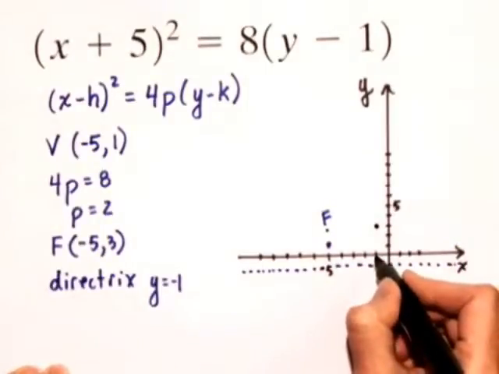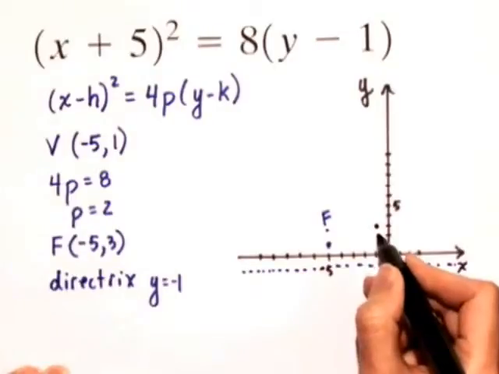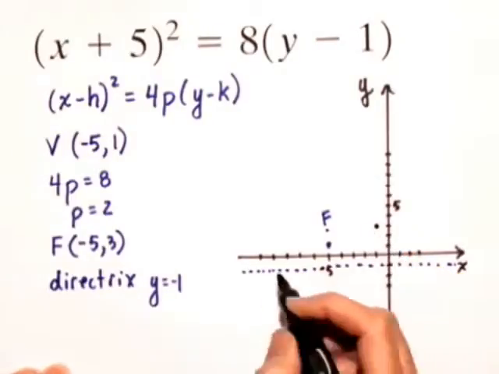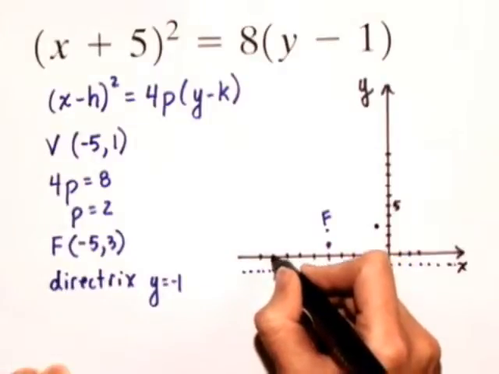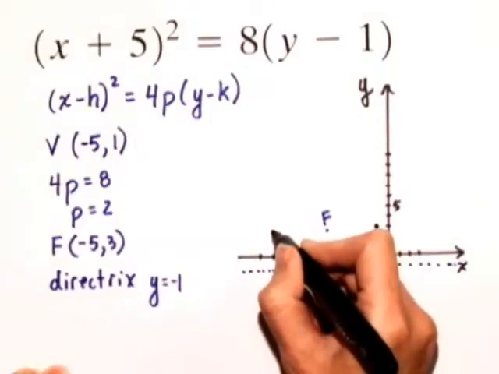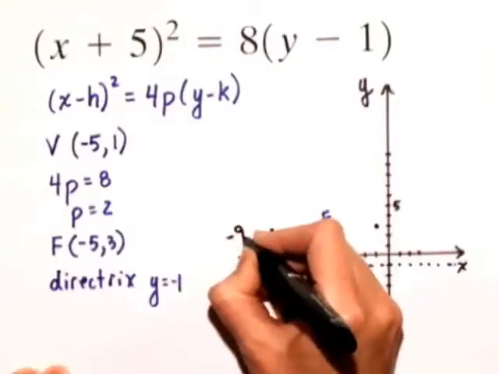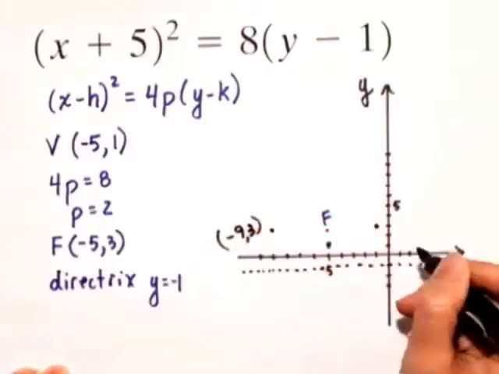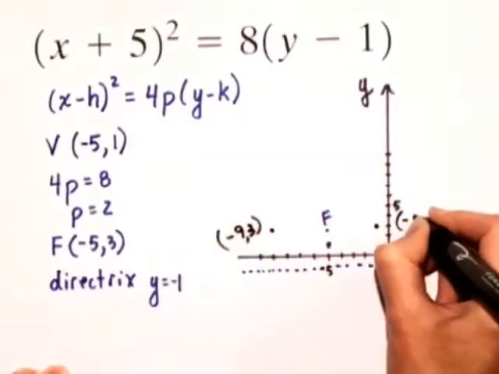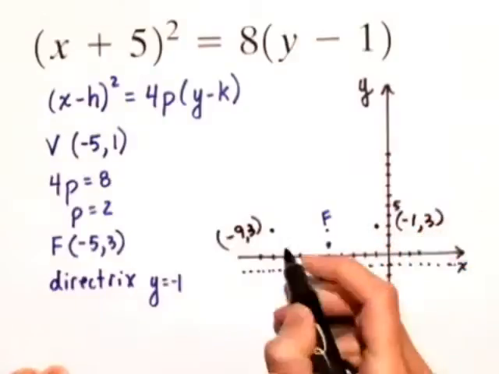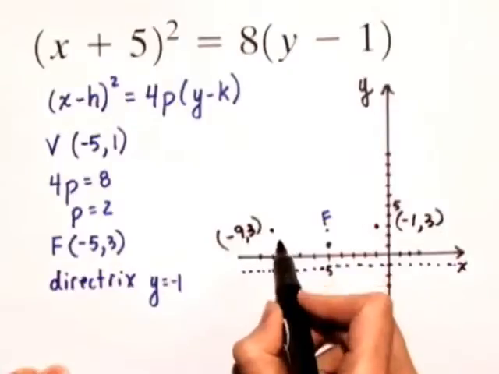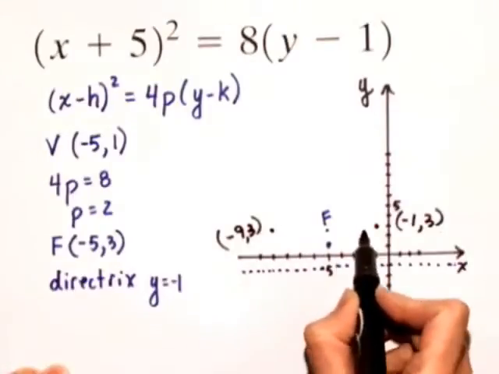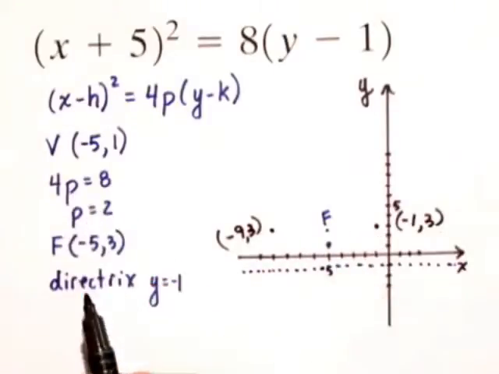Looks like that is negative 1, 3, and we go 4 units to the left, and we get the point negative 9, 3. So here are a couple of points on our parabola, negative 9, 3, and negative 1, 3, and we can see that this total opening going through the focus is a total of 8 units, which is 4p units.